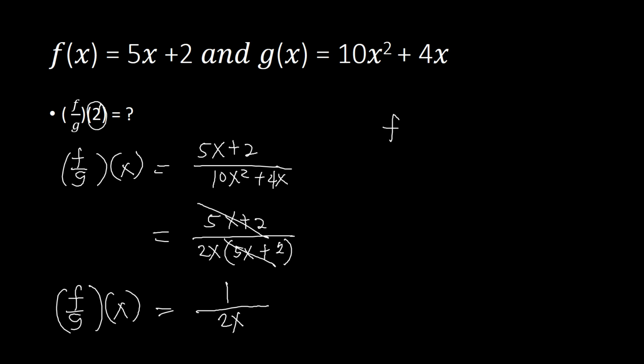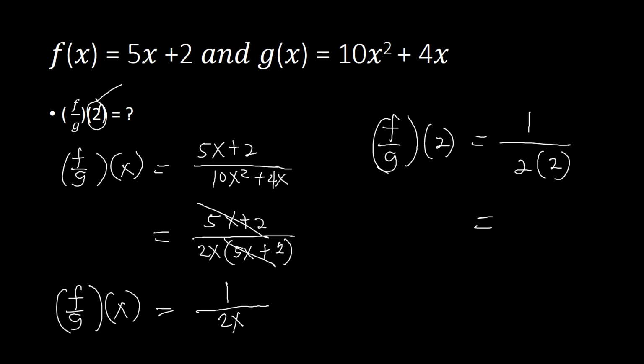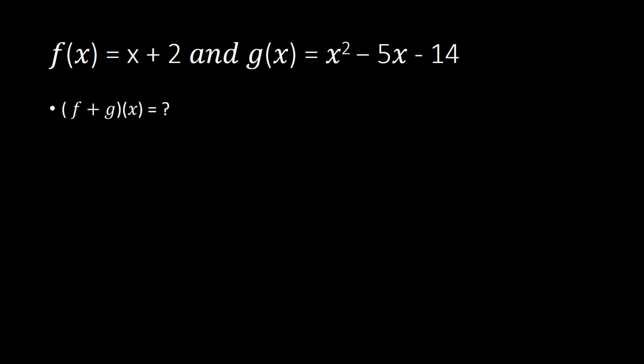So we have f over g, replacing x, and of course we've got 1 over 2x, with the input value 2. So this is now equal to 1 over 4. So f over g of 2 is equal to 1/4. Next, let's go for the next function.